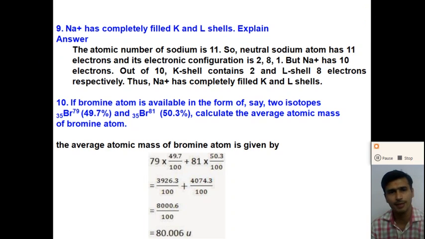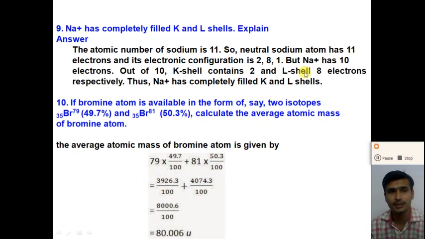The sodium atom is neutral, and its electronic configuration is 2, 8, 1. That means in the first orbit, K cell, 2 electrons are there, in the L cell 8 electrons are there, both cells are completely filled, and in the third cell, M cell, the third orbit, 1 electron is there.